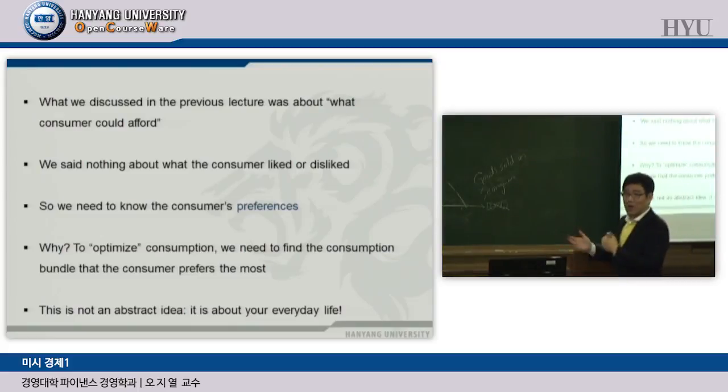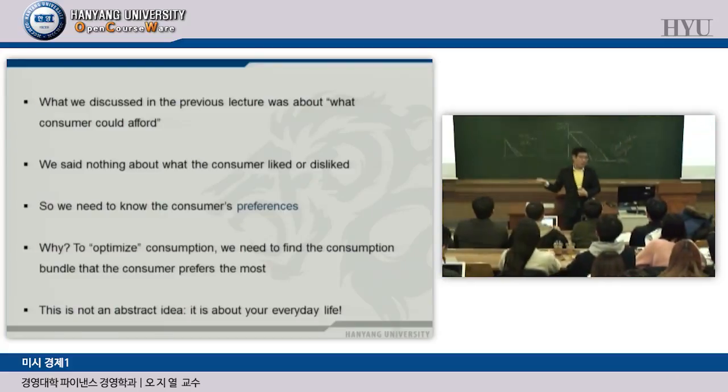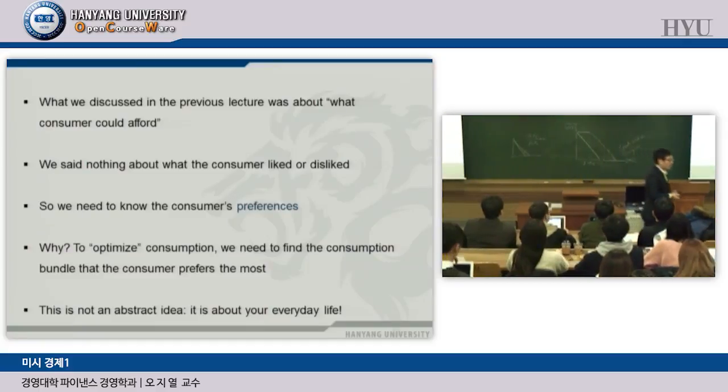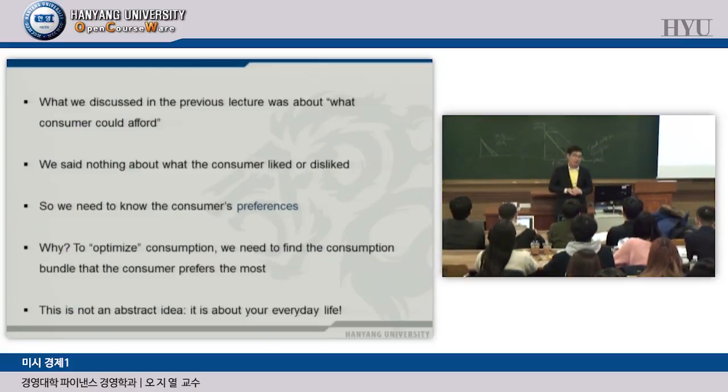Clearly, for my wife, cosmetic products and shoes, etc., are very high up on the list. I don't really care much for cosmetics or shoes or stuff like that. But then, in return, alcohol would probably be much higher up in my list than in my wife's list. People have different preferences, okay?